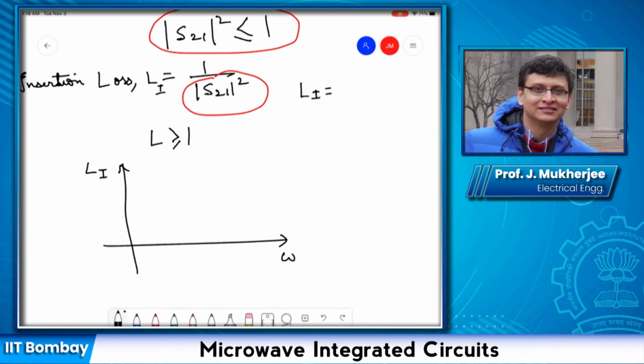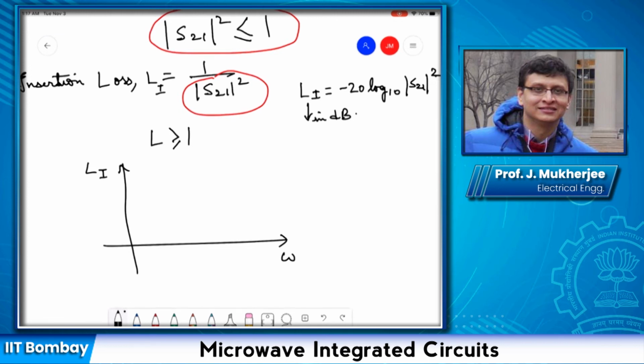So Li is also equal to minus 20 log 10 of S21. Okay, so for a band pass filter, in the pass band, the loss will be low, and in the stop band, the loss will be high.